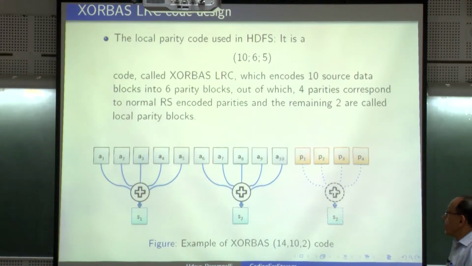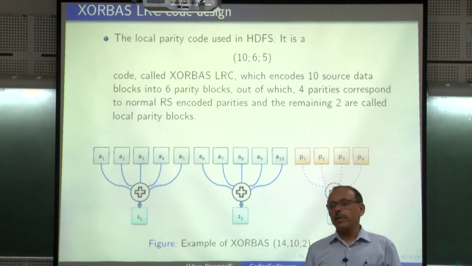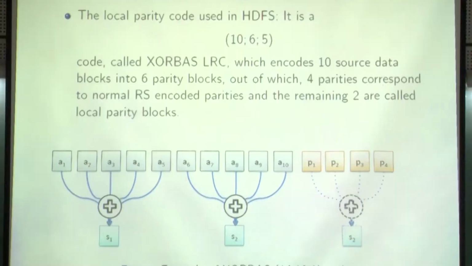Only when more than one error happens do you need to do a Reed-Solomon decoding. But usually a single node failure is quite rampant. That's what mostly happens, and then you can use only the locality to do this.